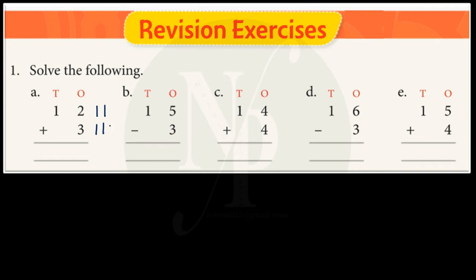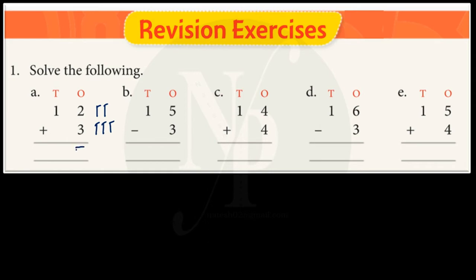1, 2, 3. Sum means putting the things together. So we will count all these standing lines now. We have 1, 2, 3, 4, 5. We have 5 lines here. That means 2 plus 3 is 5.